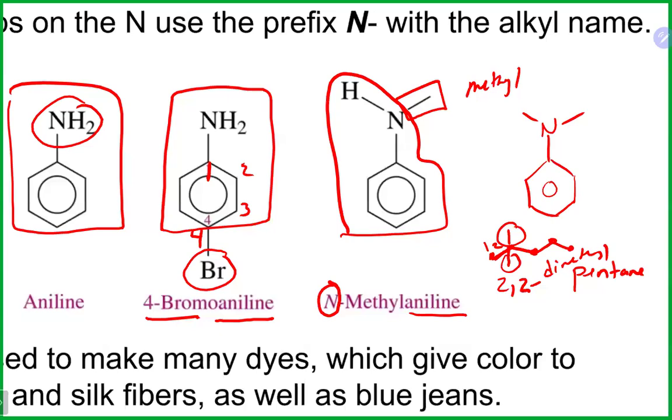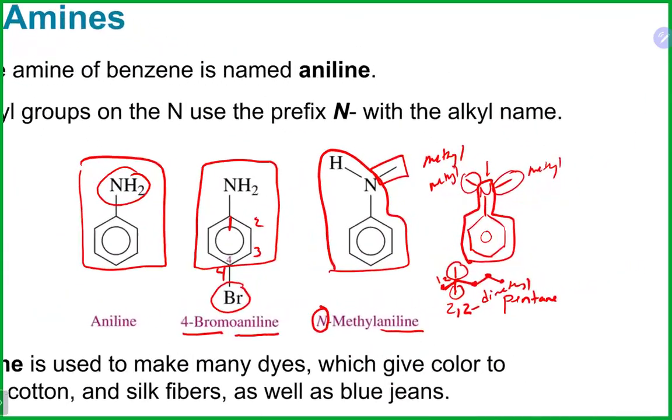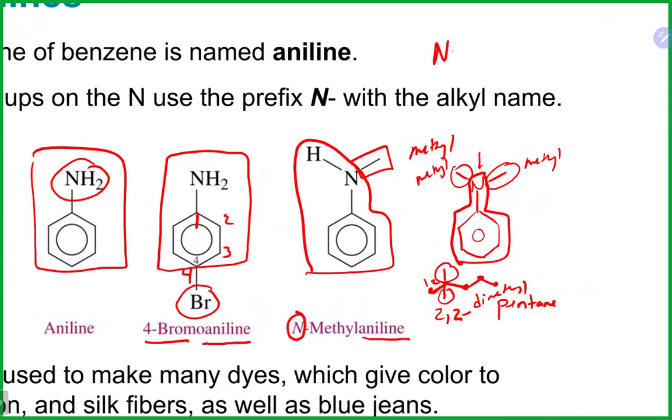Pentane. Now, when you end up with two groups that are attached to, say, your aniline here, and they're actually attached, as you can see here, to the nitrogen. These are each methyl groups. They're both, once again, attached to that nitrogen rather than carbon. Just like we give the number twice, we would also here do the N twice. So that would be N,N, indicating that both groups are attached to the nitrogen.